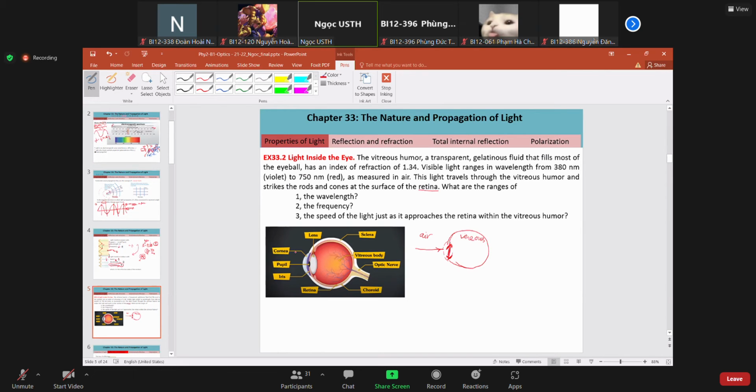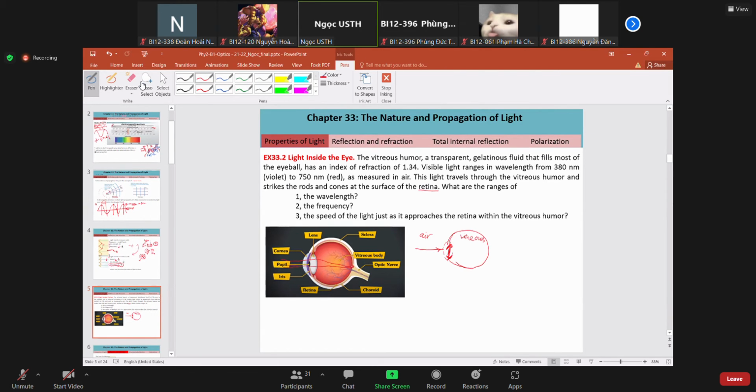We have the cornea here to protect your eyes, and here is the lens, the white one. The light will come through this. Because it is a lens, it will create an image here.